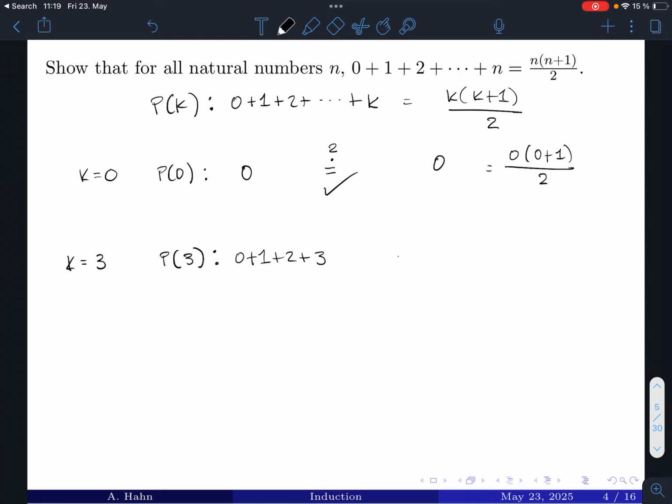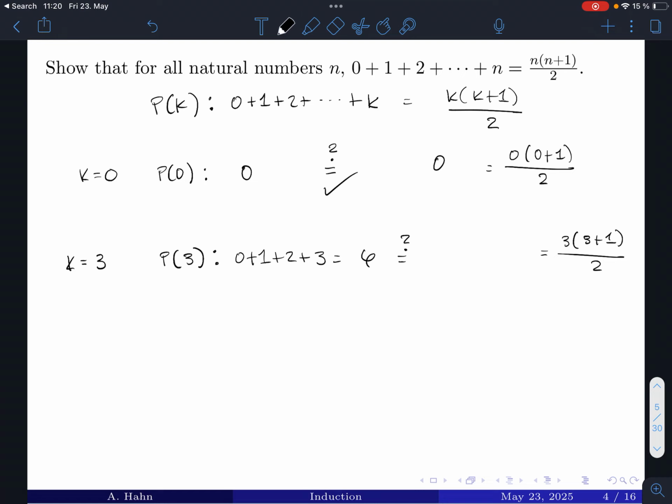And we want to know, question mark, is this equal to what we get when we plug 3 into the right-hand side? So if we plug in 3, we're going to get 3 times 3 plus 1 divided by 2. Now let's check to see if these are equal. The left-hand side, when we add all these together, 3 plus 2 plus 1 plus 0, we're going to get 6. And for the right-hand side, we also want to get 6.